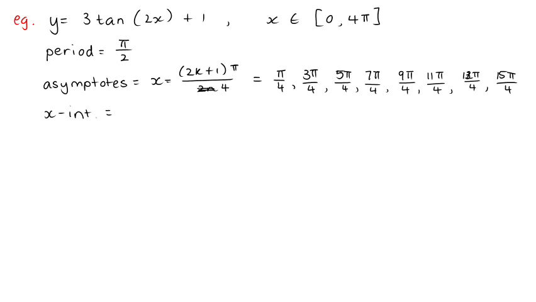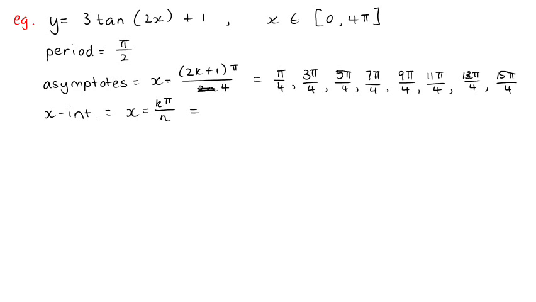And stop. Because it would be outside of 0 to 4 pi. Yeah. All right. X-intercepts are at x equals k pi on n.